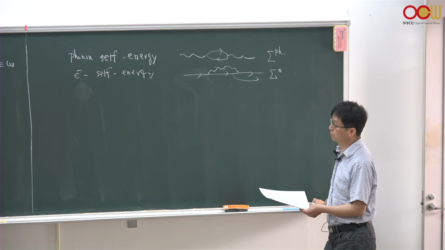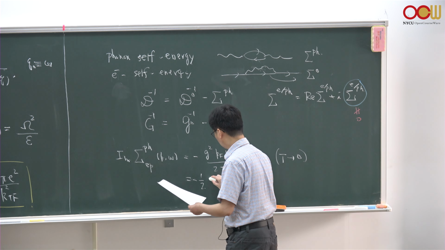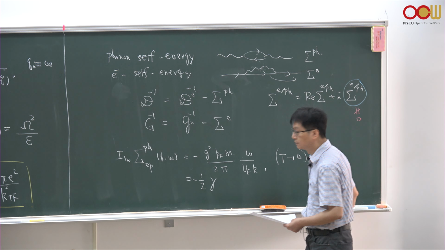So if you calculate this phonon self-energy coming from electron-phonon coupling, and especially the imaginary part of this, you'll find that it is given by some finite value in the low temperature limit, which we call the attenuation coefficient, gamma.